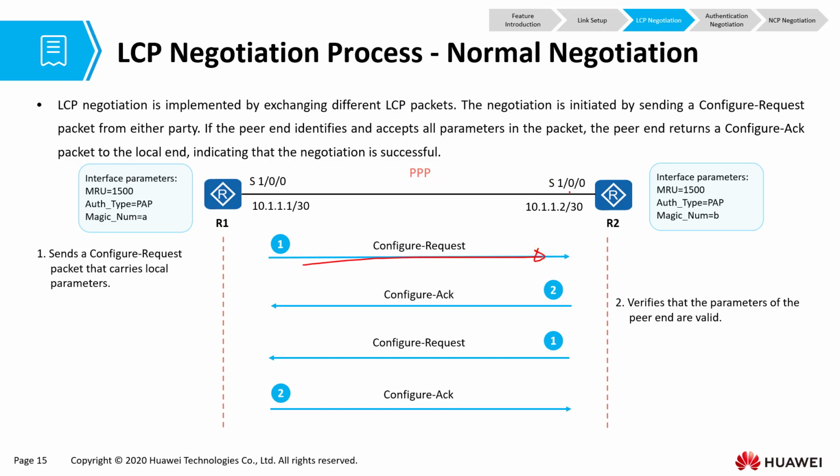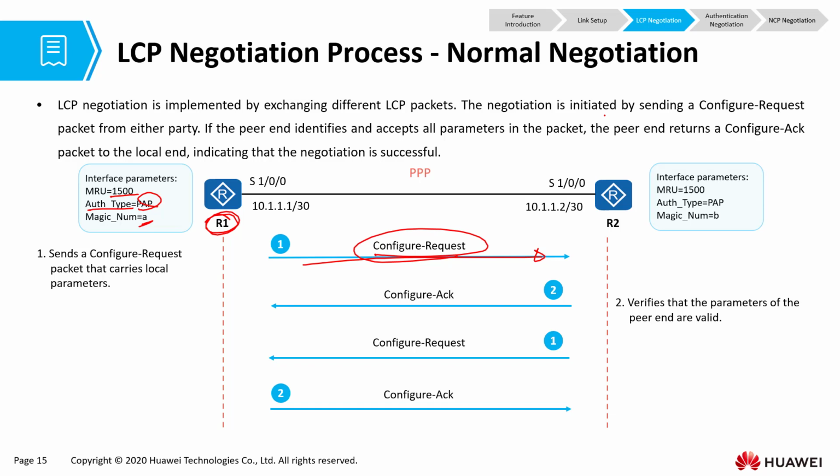This packet carries the link layer parameters that have been configured on R1. For example, it says, my maximum receivable unit is 1,500. The authentication type I've been configured with is password authentication protocol, and my magic number is A. So these parameters are going to be sent in this configure request packet all the way to router 2.